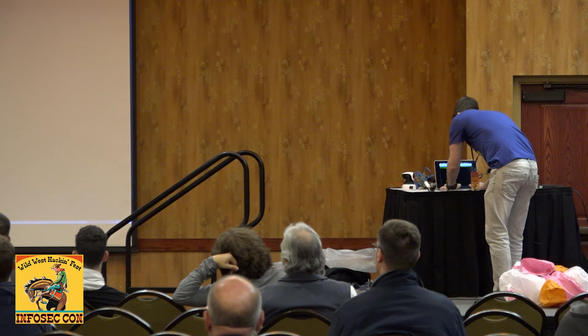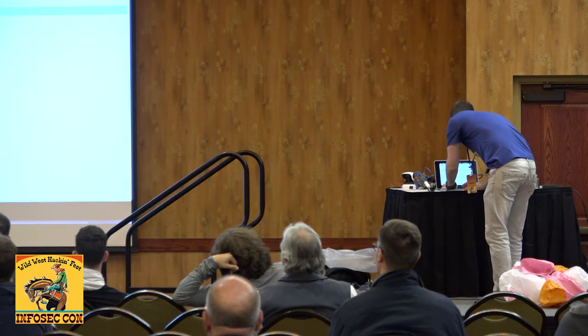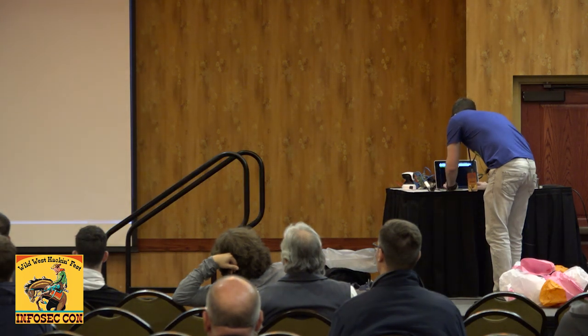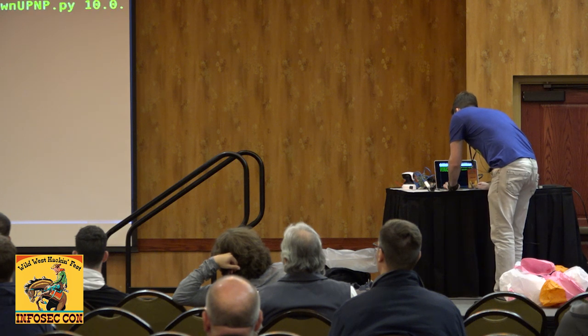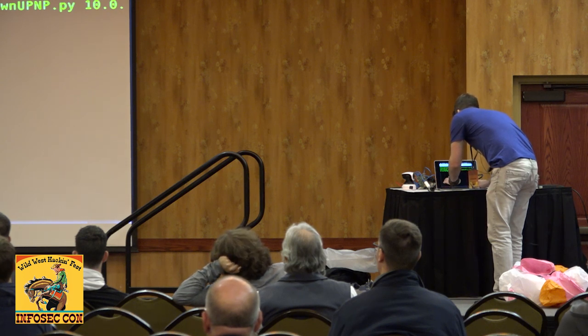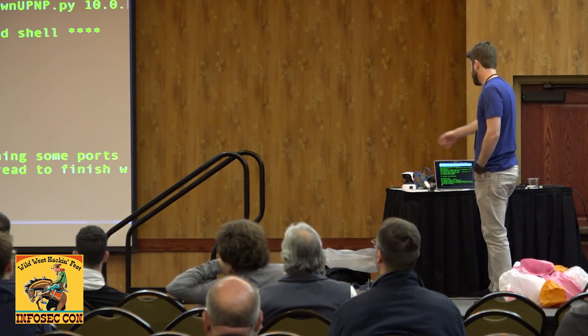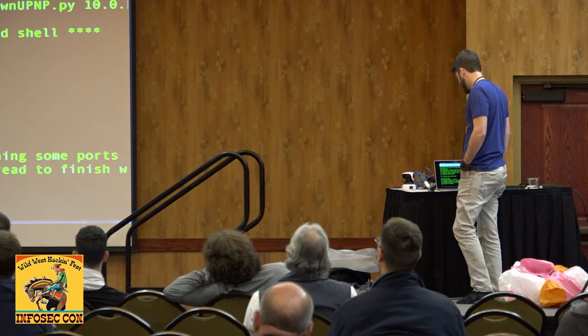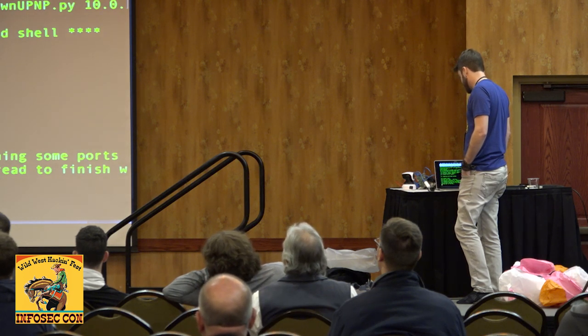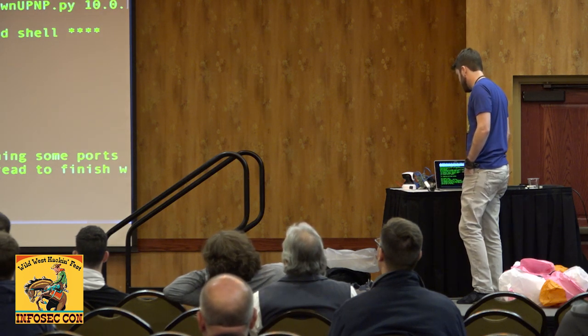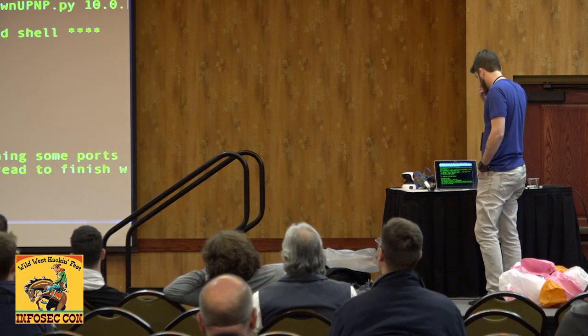I'm going to say... I just realized that I forgot what the internal IP of the camera inside the network is. I'm going to see if it's this. I totally forgot what the IP of the camera inside the network is. So if that demo is going to fail, it's not because of the demo gods, it's because I'm an idiot. That's the only thing I didn't test.